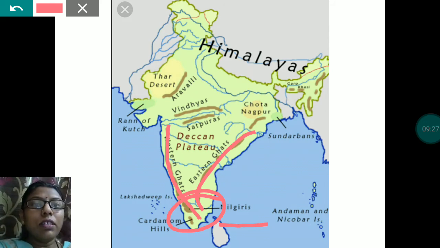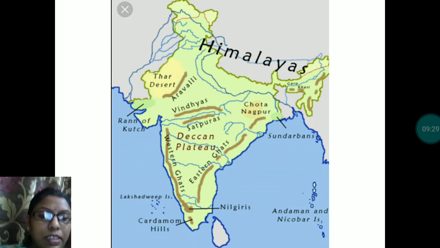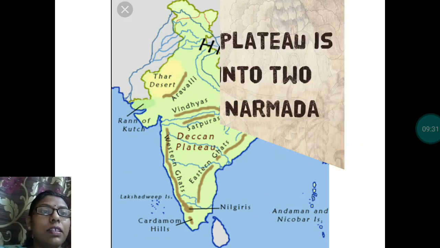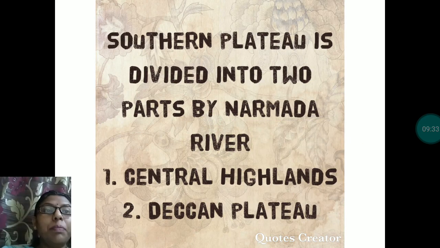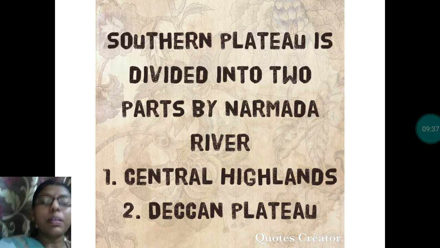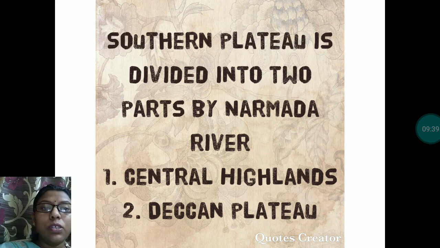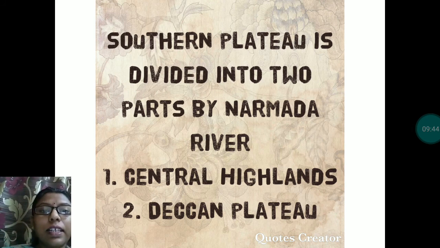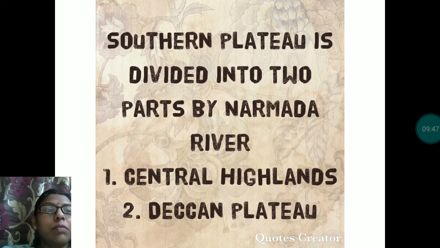Now this Southern Plateau is divided into two parts, and the river Narmada divides it into two parts. The first part is known as the Central Highland, and the second part is known as the Deccan Plateau. Let me show you through the map.